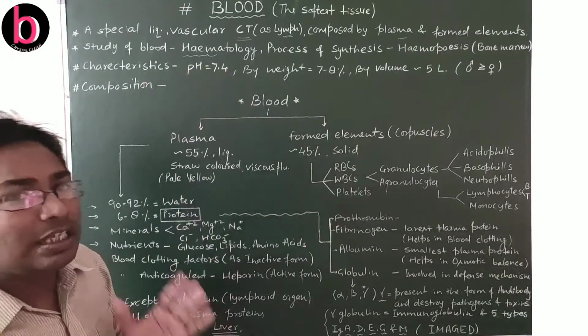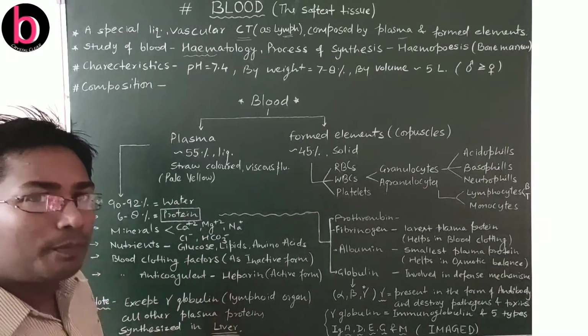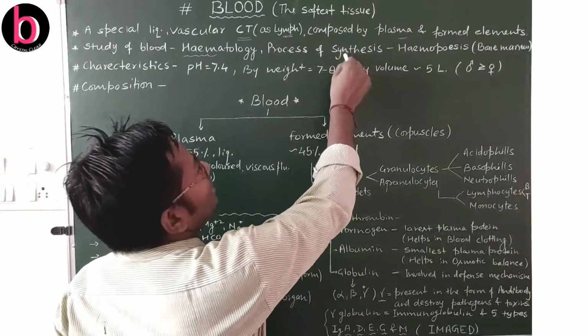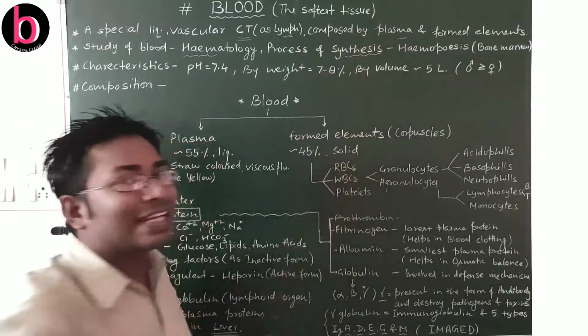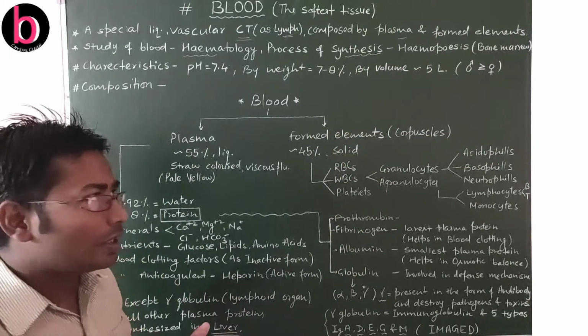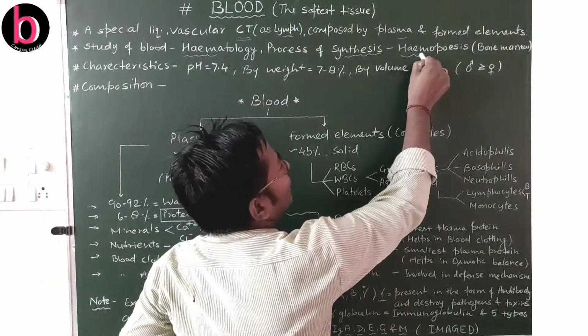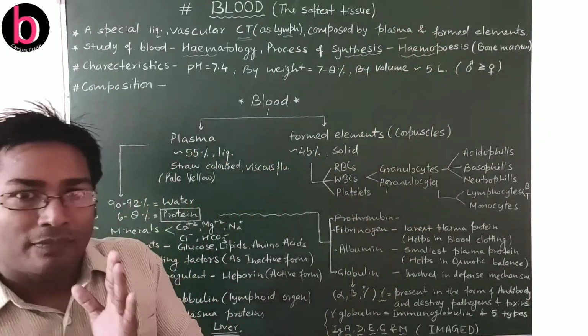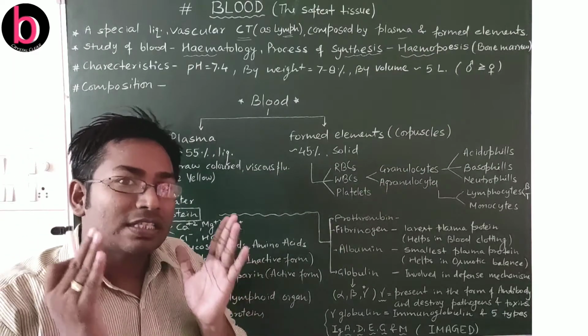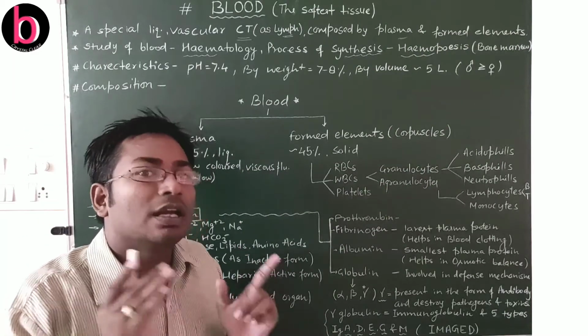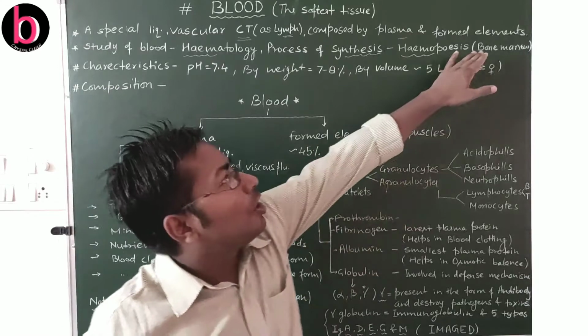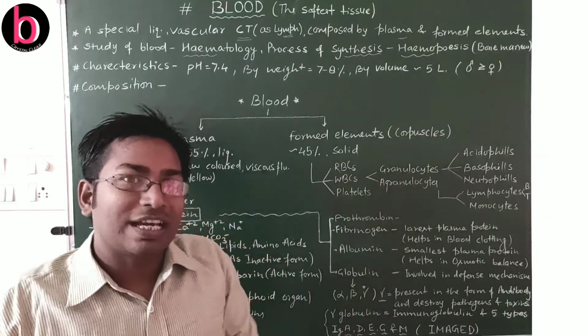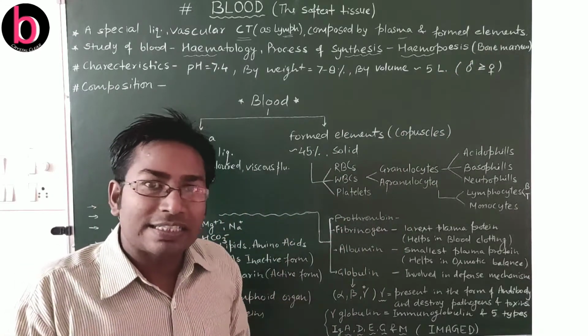So hematology is the study of blood, while the process by which blood is synthesized in our body is hemopoiesis. The main site of hemopoiesis after childbirth is the bone marrow of longer bones. There are also two earlier sites.